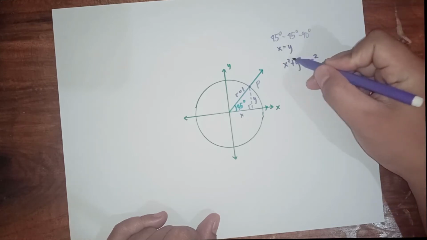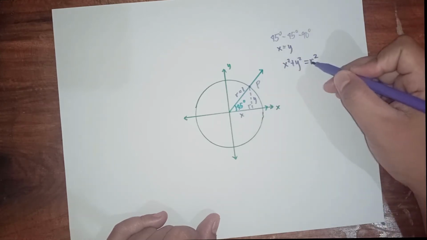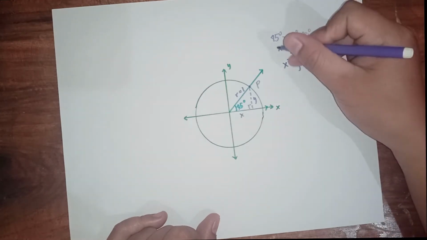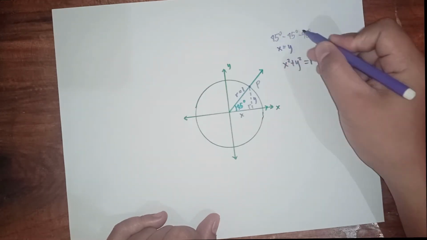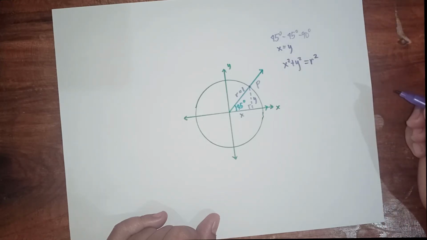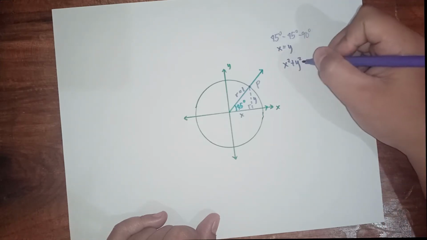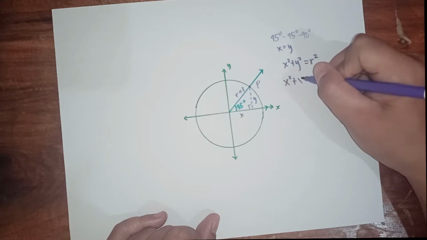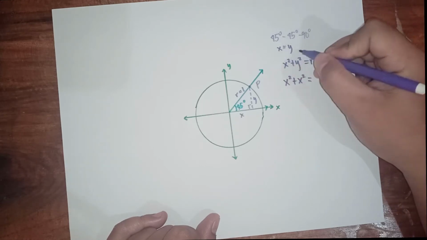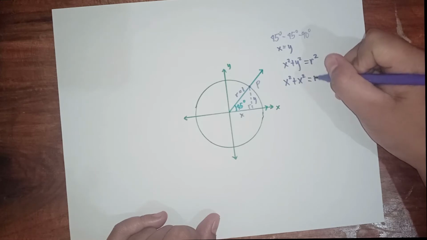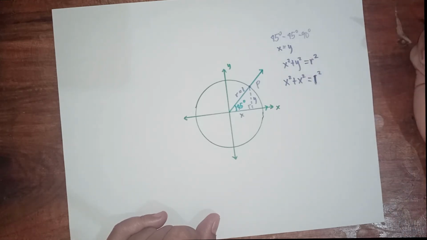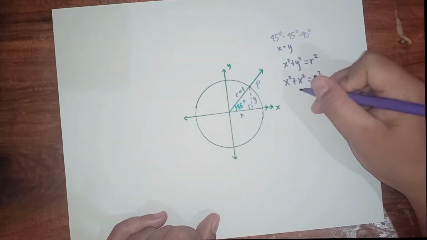That is the sum of the squares of the legs is equal to the square of the hypotenuse. Since x and y are equal, i-substitute lang natin, instead of y, we will use x. So this is now x squared plus x squared, kasi nga, equal lang sila, equals r squared. This is now 1 squared because r is 1.